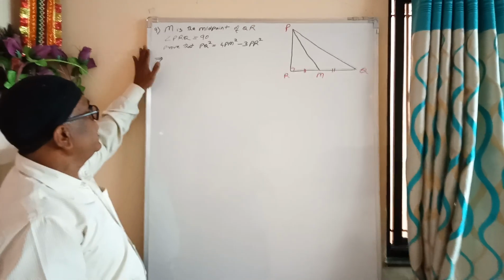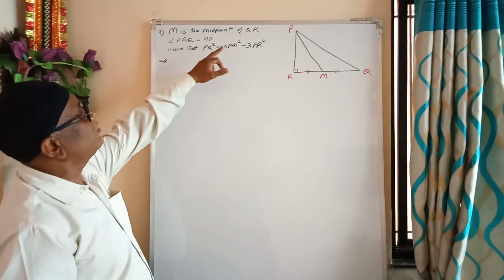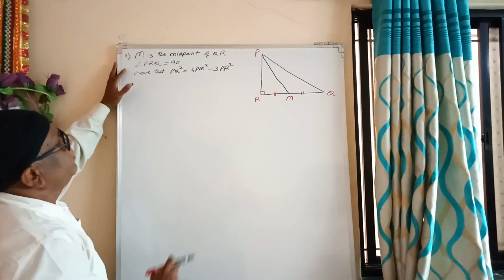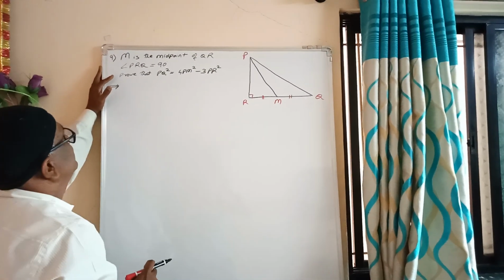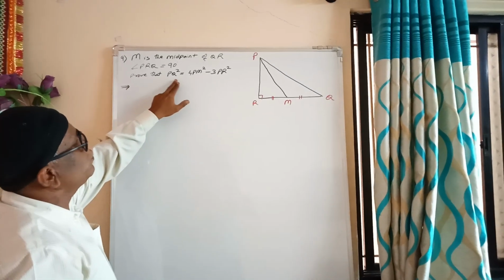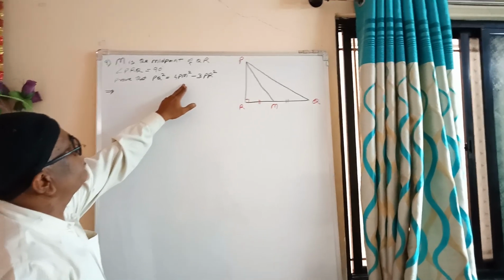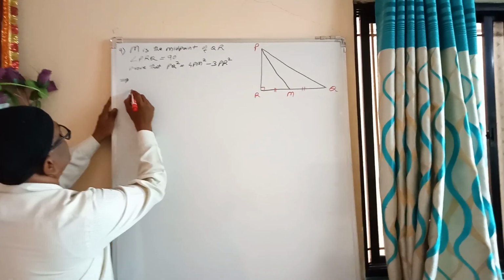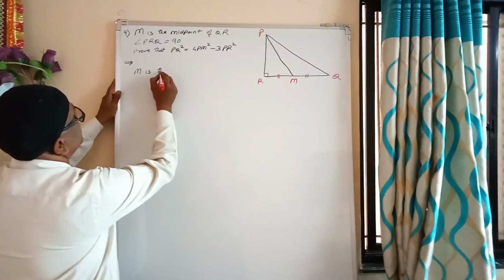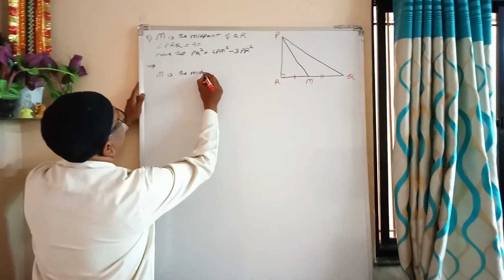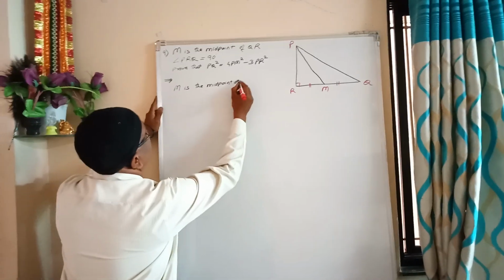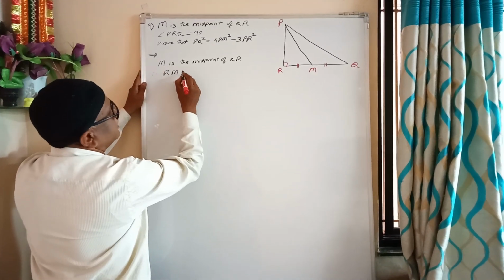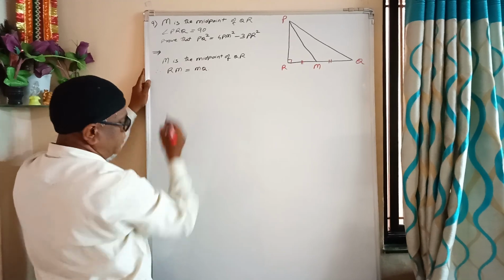In the ninth example, M is the midpoint of QR. Angle PRQ is 90 degree. Then we are going to prove that PQ square is equal to 4PM square minus 3PR square. Now, solution. M is the midpoint of QR. Therefore, RM is equal to MQ.